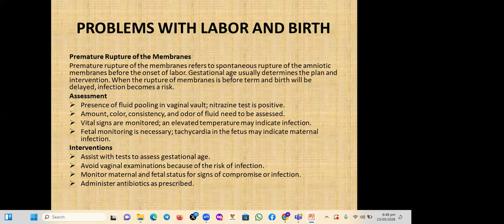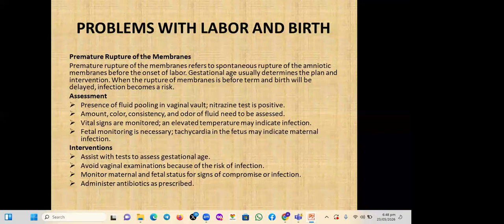Another thing that can also give you a false positive result. A false positive nitrazine test can happen when there is semen in the vagina, and then you test and you are getting the blue color change. What you have to ask the woman is, when was the last time she had sex?